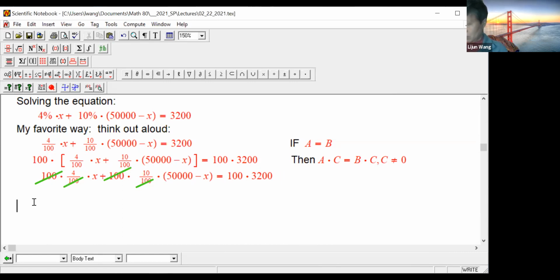The next step, I will get 4 times x plus 10 times (50,000 minus x). On the other side, I'm going to get 3,200 plus 320 followed by 3 zeros. Make sure you don't miss any count. I think we have a total of 4 zeros there. You follow me?